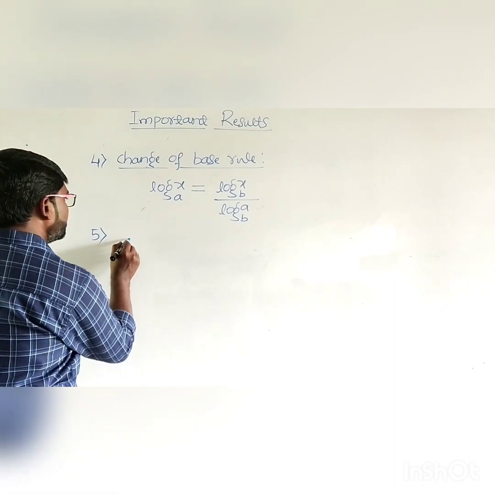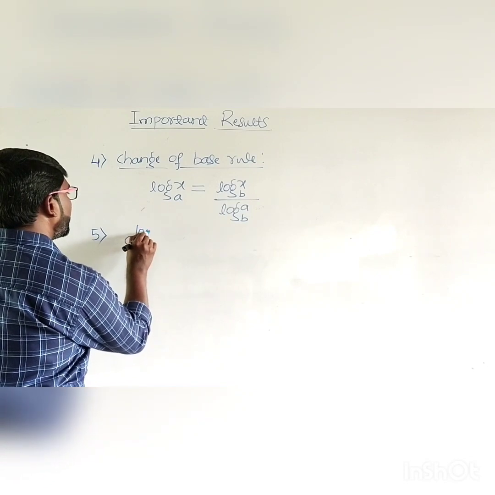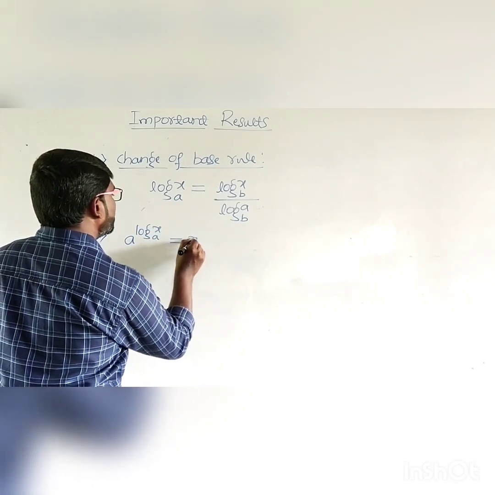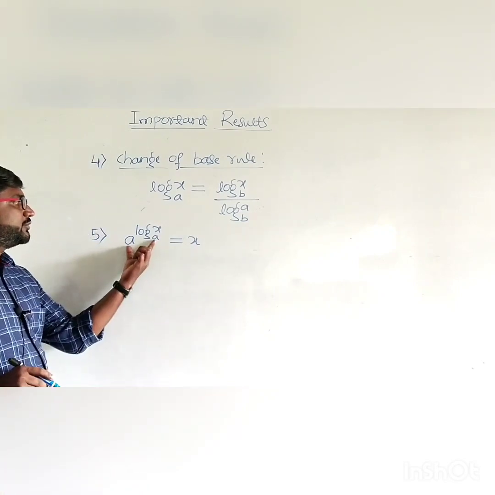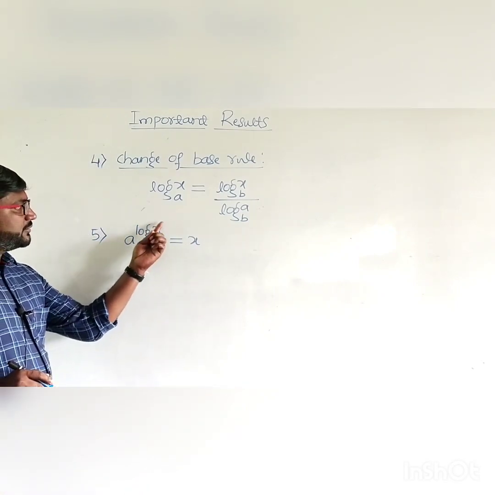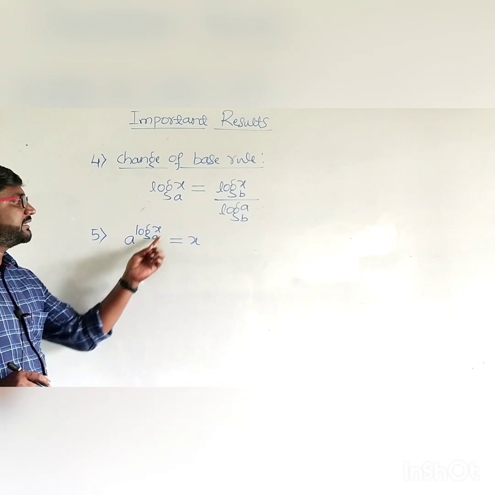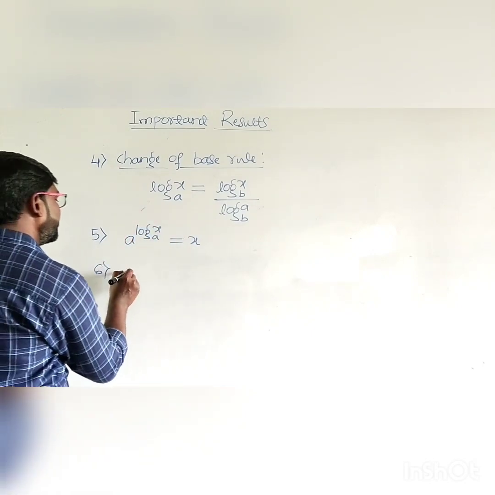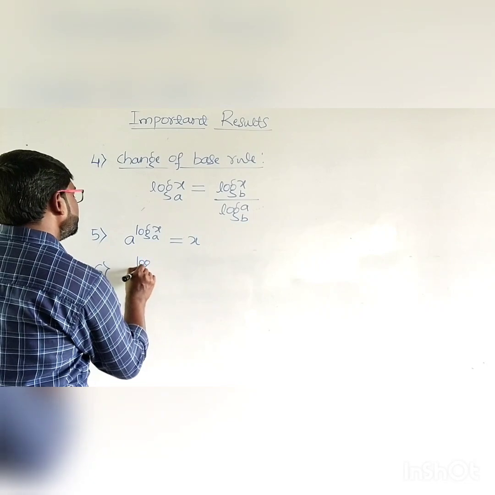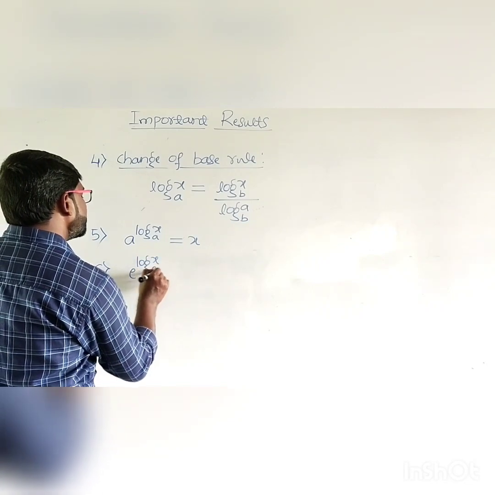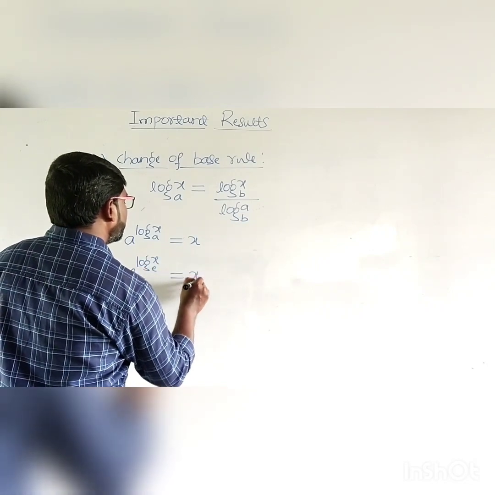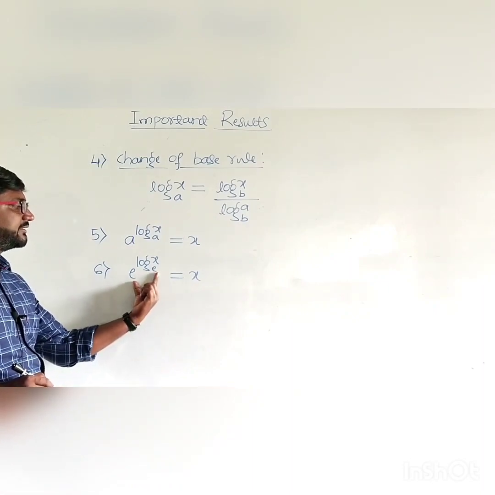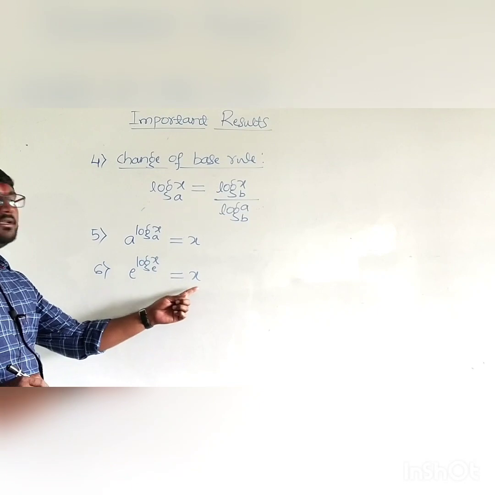A raised to log x to the base a equals x. If these two are the same, this is going to be the value of this function. The sixth one is e raised to log x to the base e, which is also x. Again we have e on both sides, so these cancel, and we are left with only x.